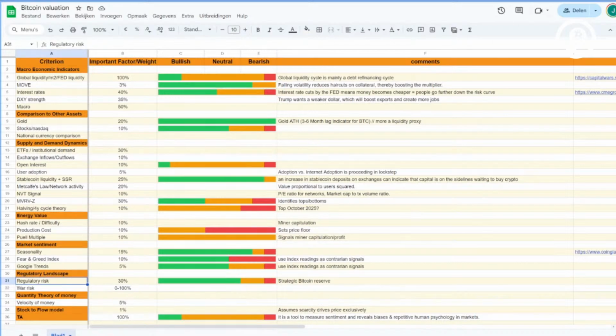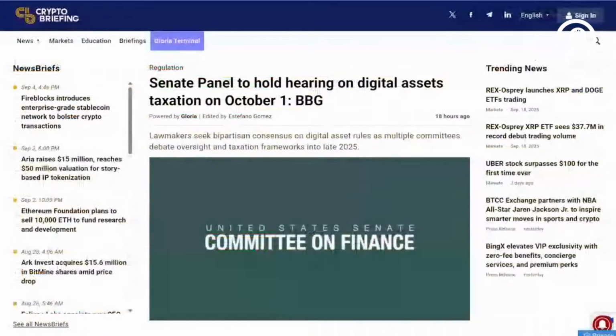The only thing I wanted to show about this is that the Senate is holding a hearing on digital asset taxation on October 1st. Why is this important? Because I think, I'm not sure, they want to have no tax on crypto. And when there will be no tax on crypto, it will be super, super bullish.